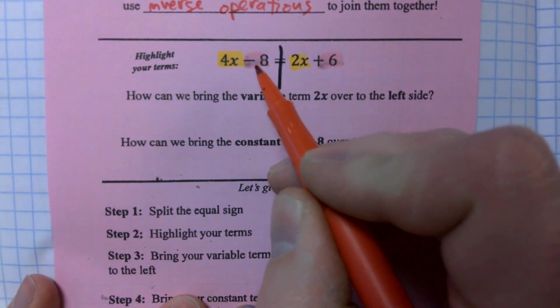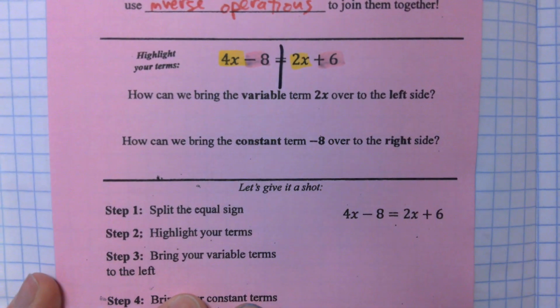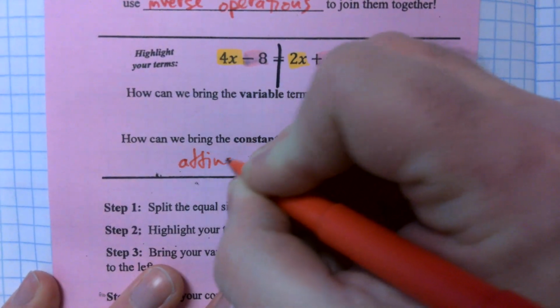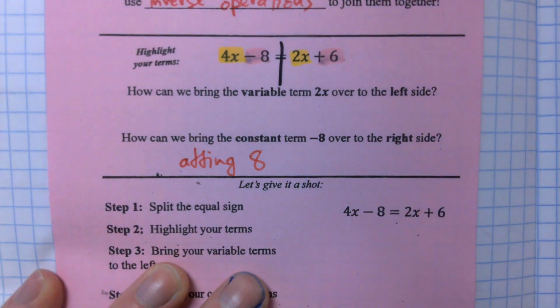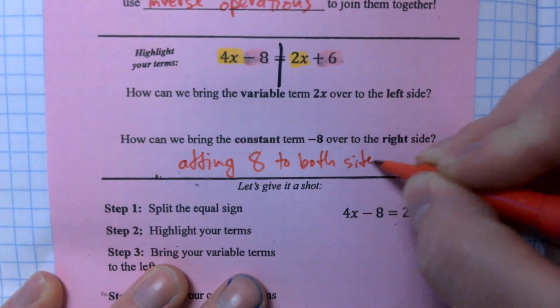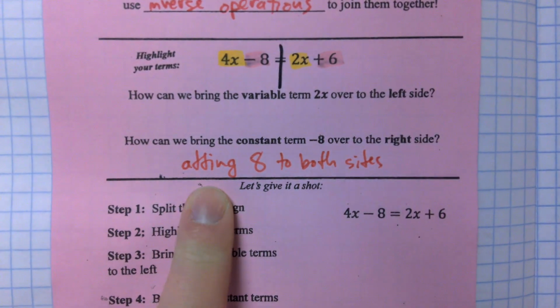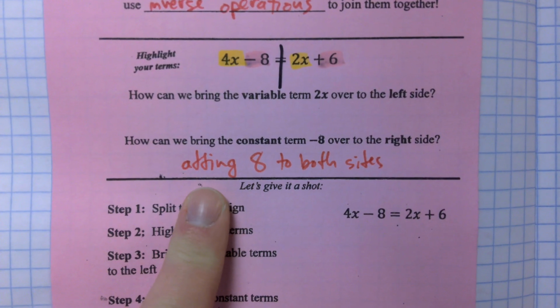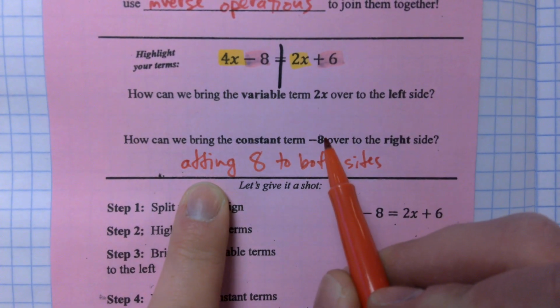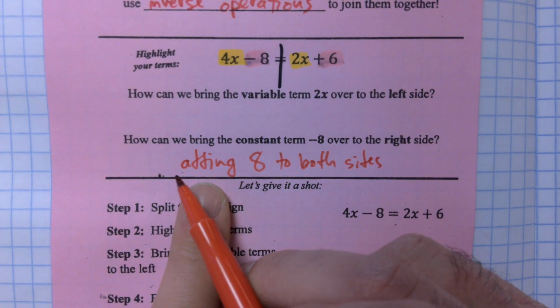Let me ask you this. How would I get -8 over to the right-hand side? +8. To both sides. How do we know we were adding 8 and not subtracting 8? Because it's the inverse. 8 is negative, so the inverse of a -8 is adding 8.